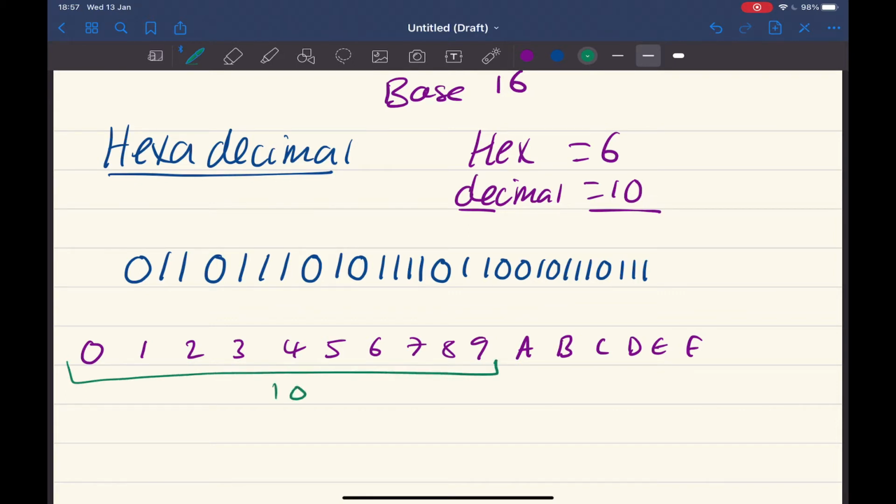So 0 to 9 gives us 10 different values, and A to F gives us 6 different values. So this is what we mean by base 16. There's 16 different values that can be represented. So each one of these values is represented by a nibble, which is 4 bits.